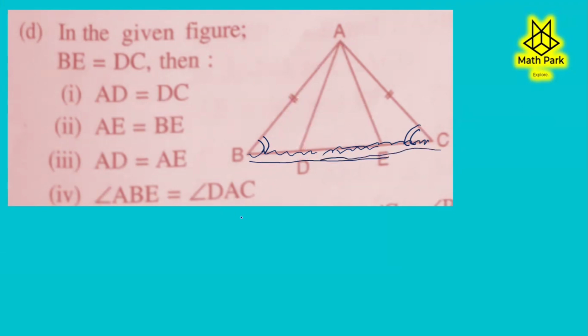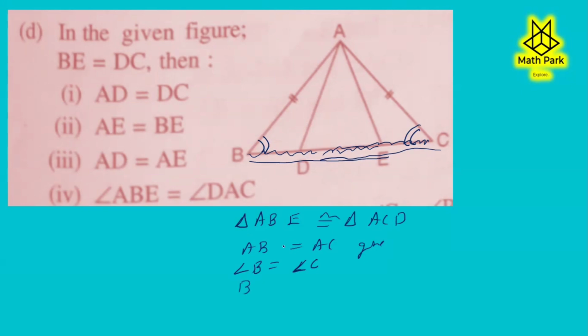We can take triangle ABE will be congruent to triangle ACD. How will that be congruent? You have AB is equal to AC, which is given to you. And therefore, you have angle B is equal to angle C by the isosceles triangle property.